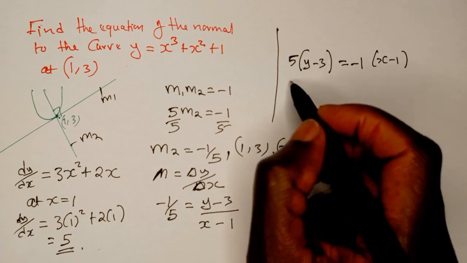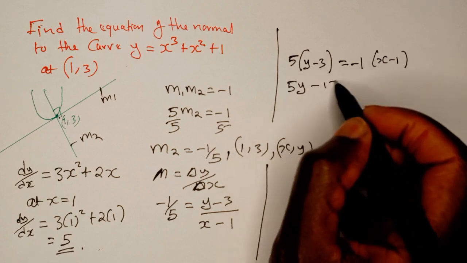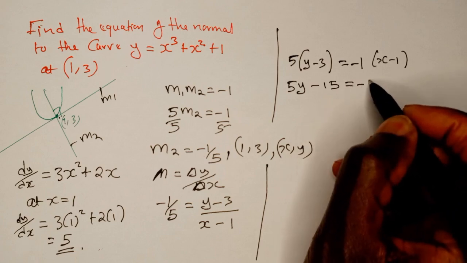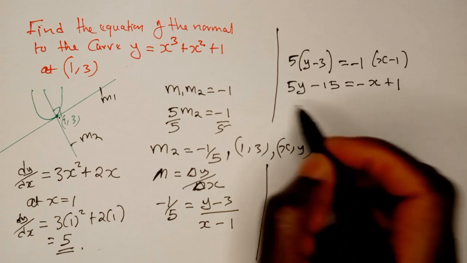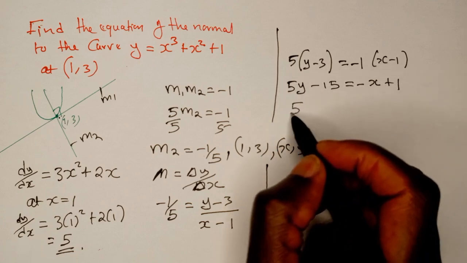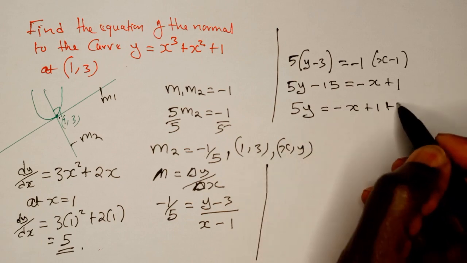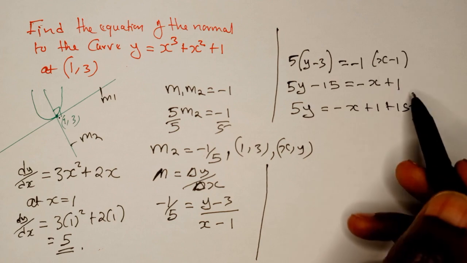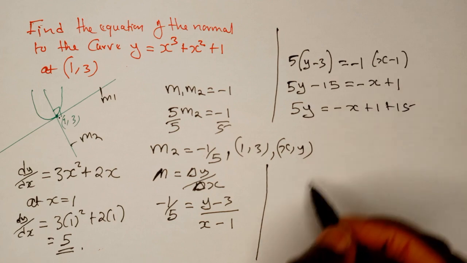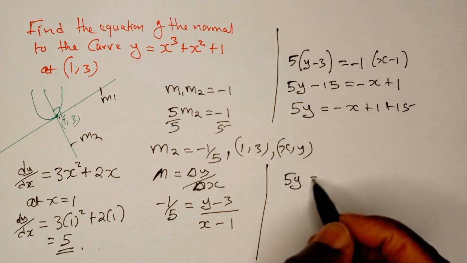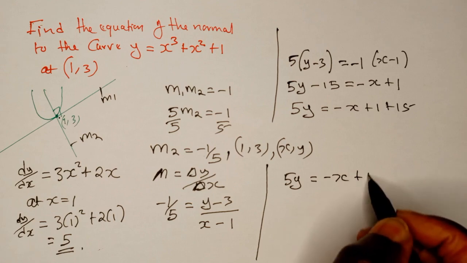So if you open the bracket, this will be 5y minus 15 is equal to -x plus 1. So you can simplify this as 5y is equal to -x plus 1 plus 15. You take this 15, the other side will be positive. So we'll have 5y is equal to -x plus 16.